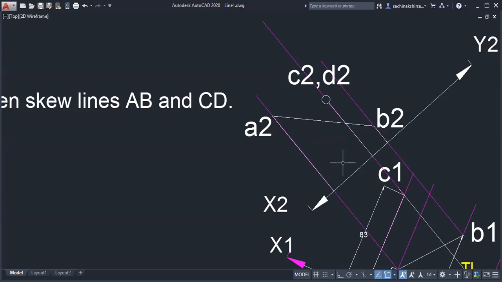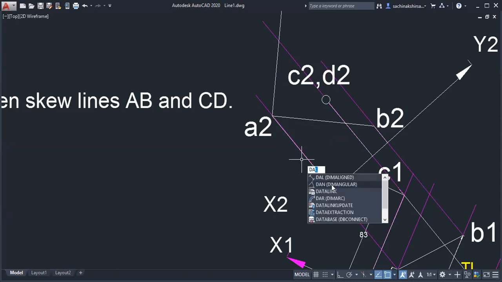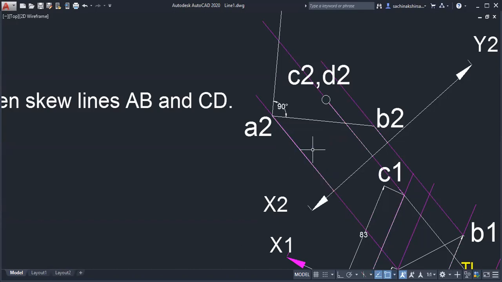In your notebook, by using a set square and so on, you can draw that perpendicular line. So I will draw a perpendicular line in this way. It is perpendicular, so if you measure the angle here, it will be 90 degrees. Now I will draw a parallel line to this passing through the center, something like this.